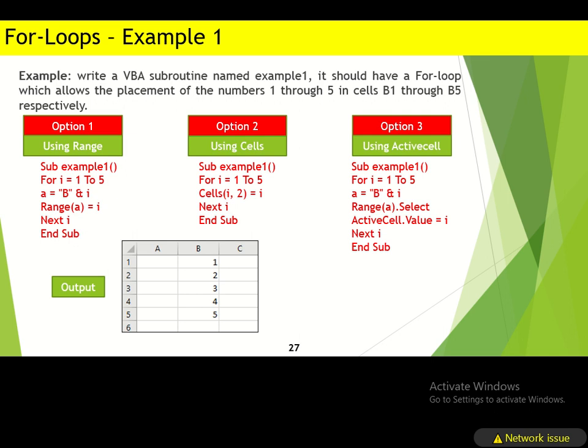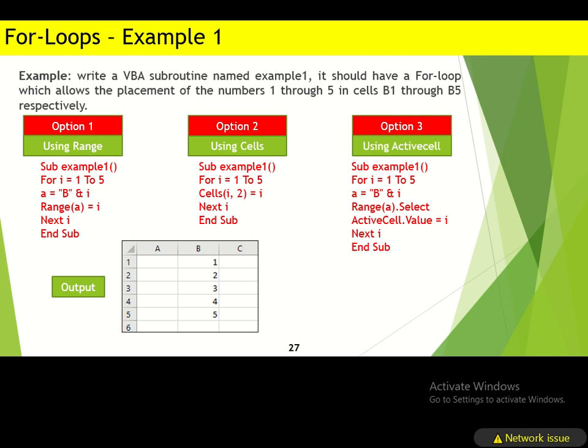So each time, whatever the value of i is, I want it to go in cell B1, B2, B3 and so on. So 1 will go in B1, 2 will go in B2, 3 in B3. Every time the row number is changing, the column is the same. So I created a variable here which takes the value of B, the same column every time, and then the row number changes with every loop.